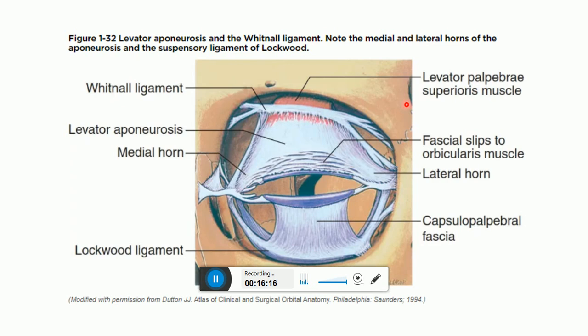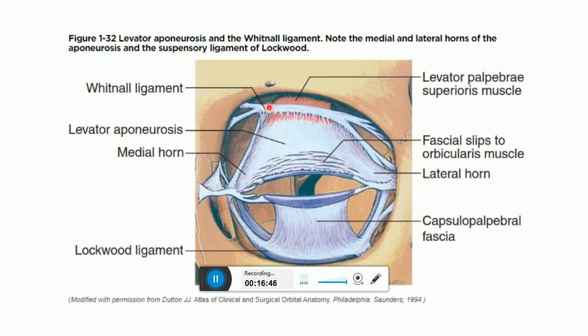Here again you can see the levator palpebrae superioris muscle, and here you can see Whitnall ligament, also known as the superior transverse ligament. This ligament is formed by condensation of tissue surrounding the levator muscle, and it provides support for the upper eyelid and surrounding tissues.